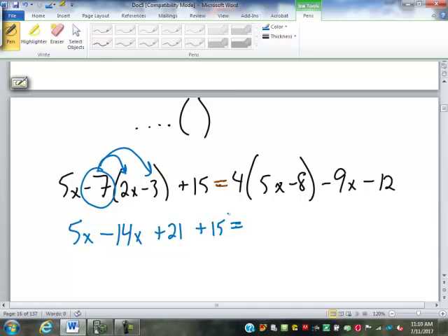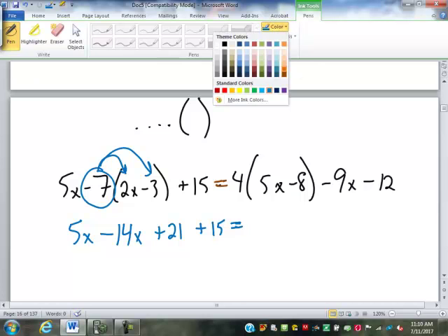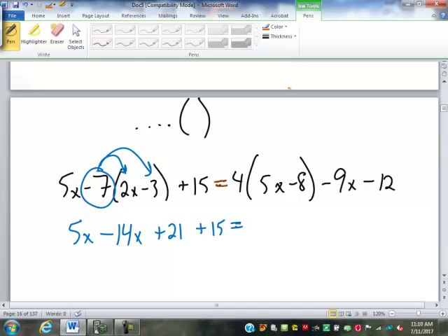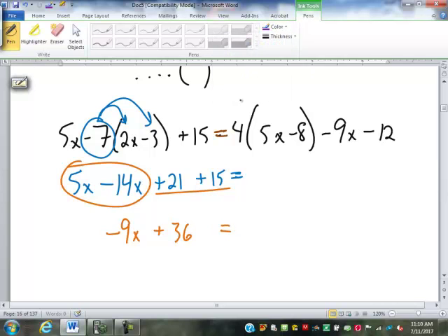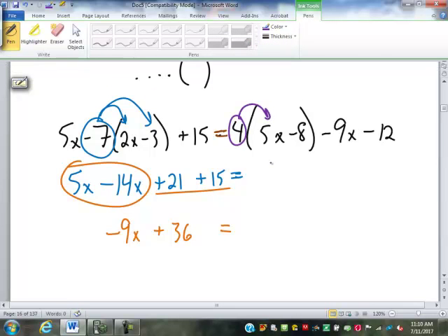Now we're going to stay on the left side and still keep combining. What else can we combine there? Perfect. That makes negative 9x. Good. And then also 21 plus 15 is 36. That's all we can do on the left side. Now off to the right side. We'll do the 4 times 5x, 20x. And 4 times negative 8, negative 32.